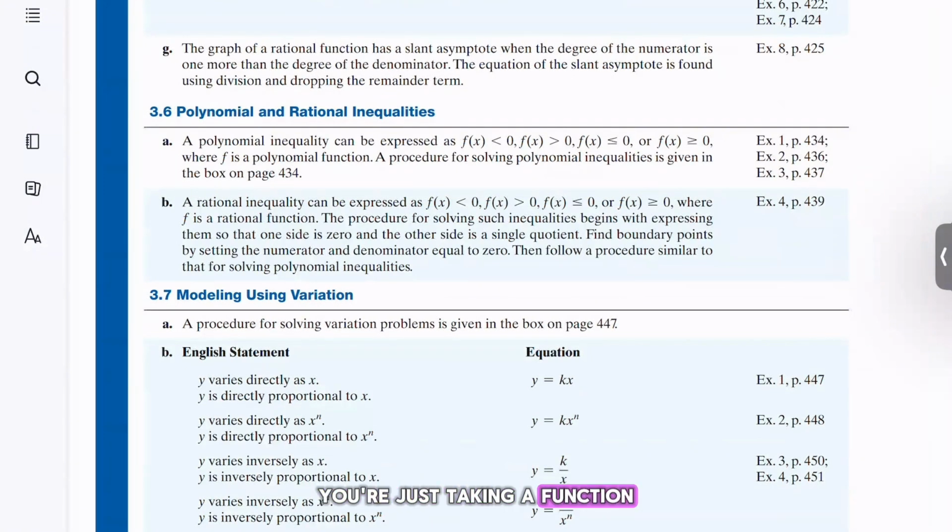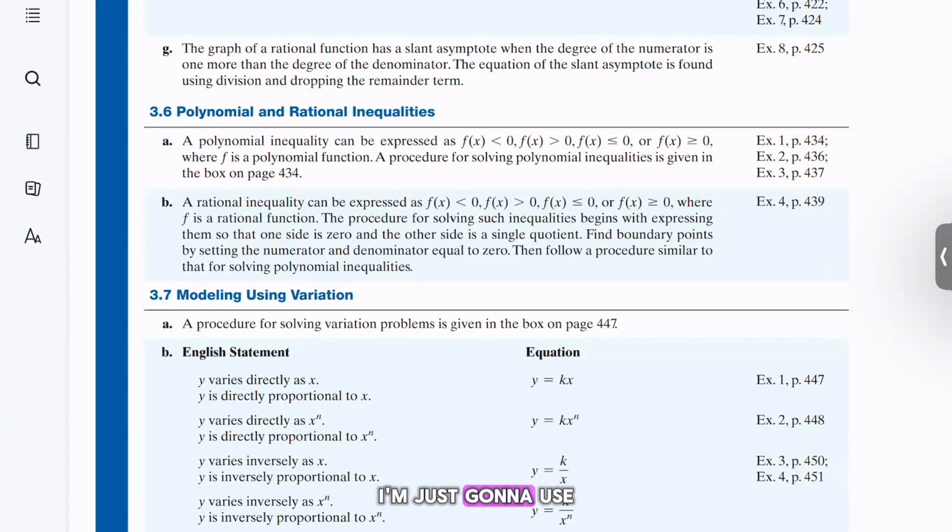You're just taking a function and making it less than, greater than, less than or equal to, or greater than or equal to, and it's something raised to a power greater than 1, possibly. And then rational inequalities are the same thing, but with numerators and denominators, just like we just did.